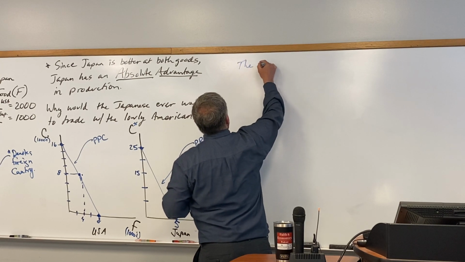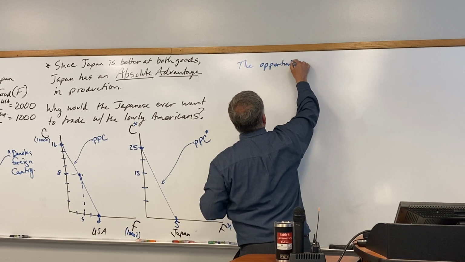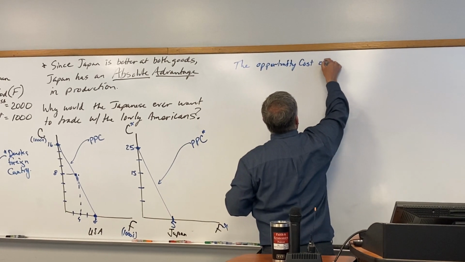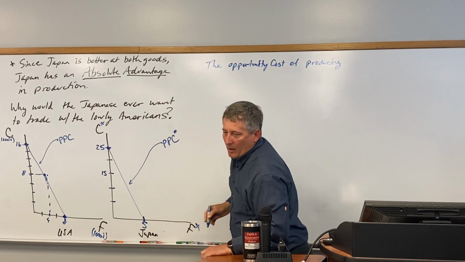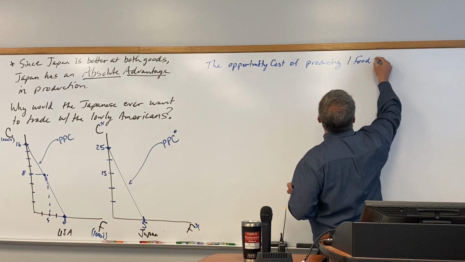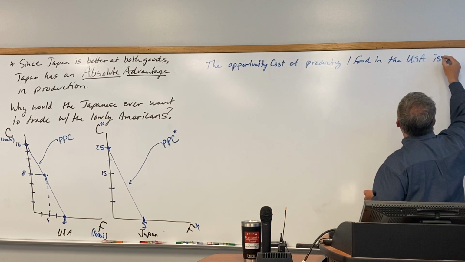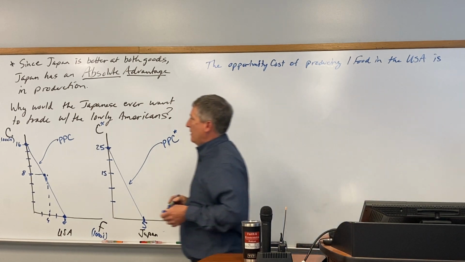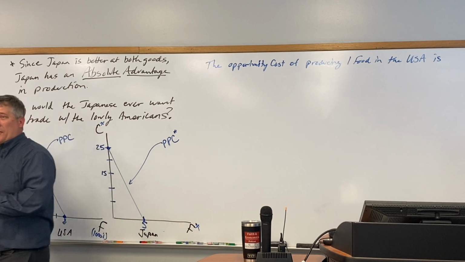So the opportunity cost of producing one food in the US is what? What would you say is the cost of a food? We don't have dollars here, of course. So what is the cost of a food?